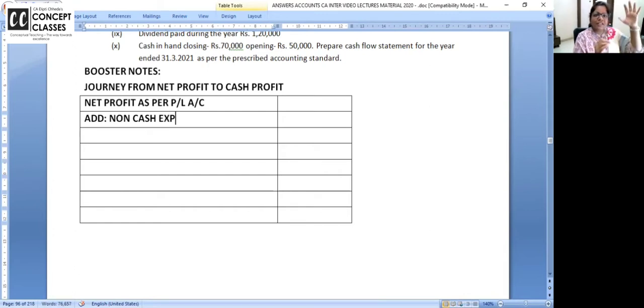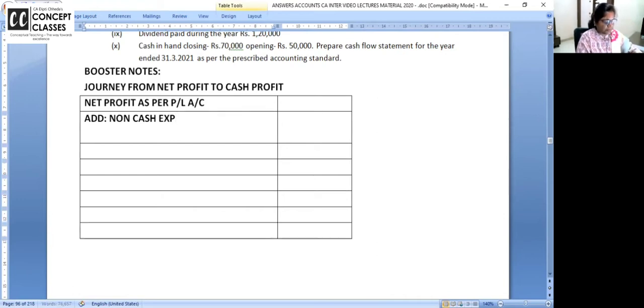All the non-cash expense debited in the P&L account add back. And I want you all to write some examples. कुछ examples लिखो. Non-cash expenses जैसे depreciation, amortization.